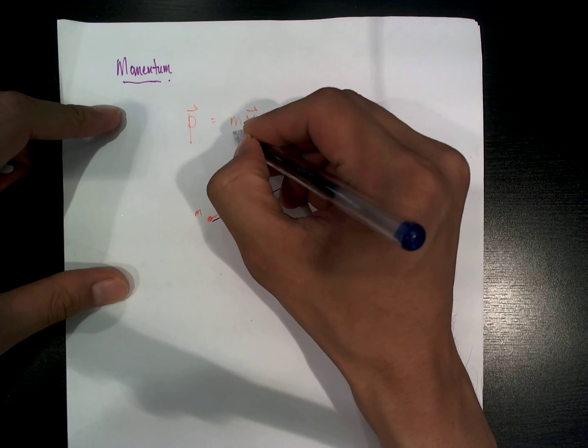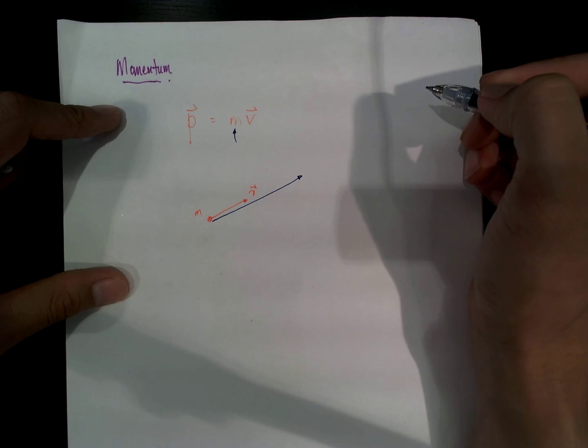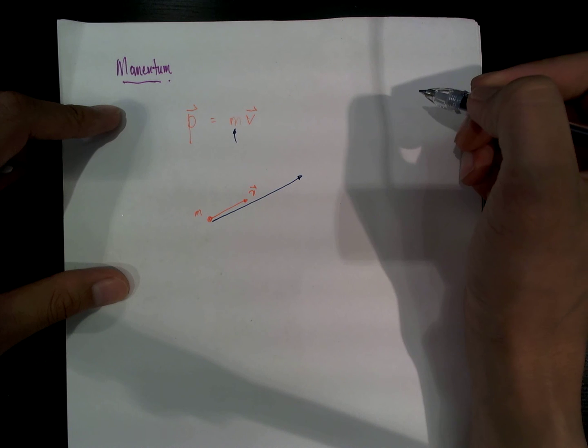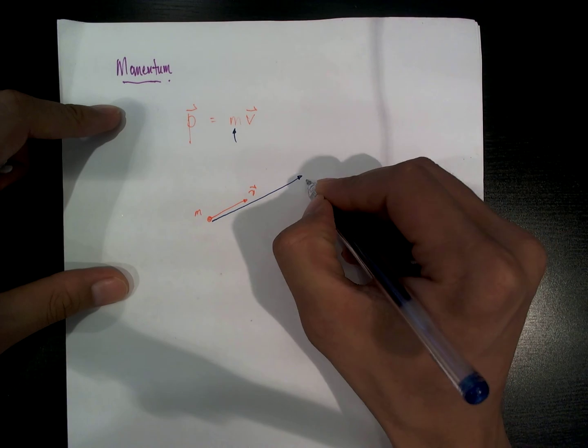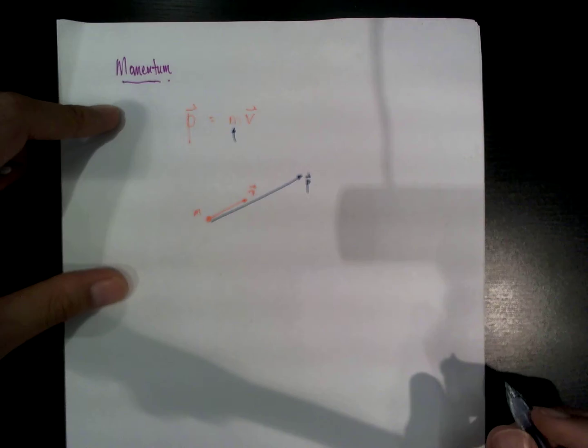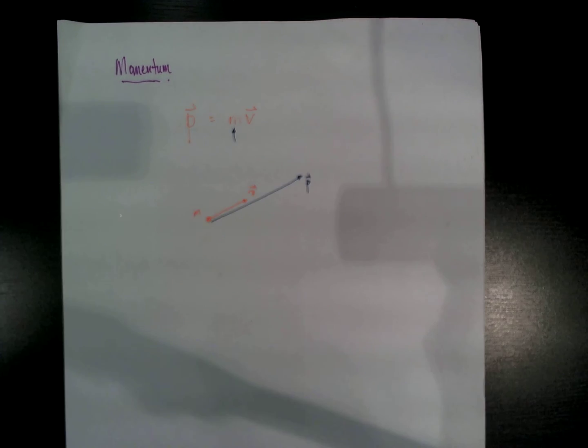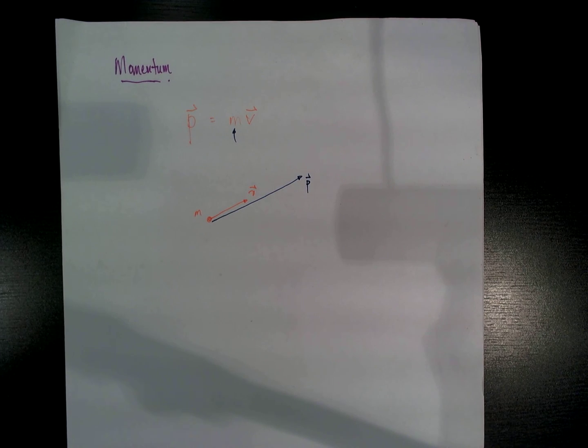Because if you're multiplying by a scalar m, all that does is change the length of the vector, but it keeps it pointing in the same direction. So let's say I scale it out by this much, so I have a momentum vector pointing in the same direction as the velocity vector.